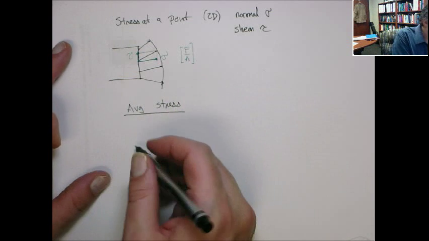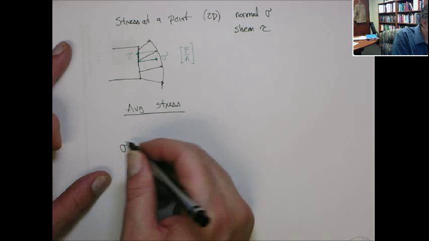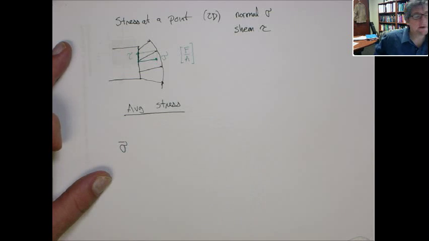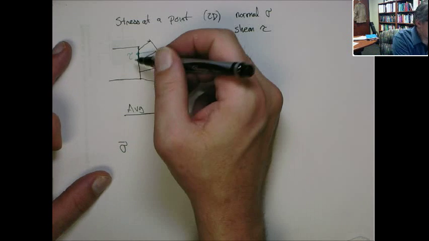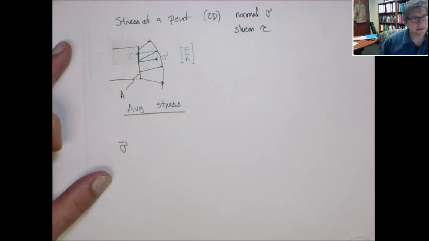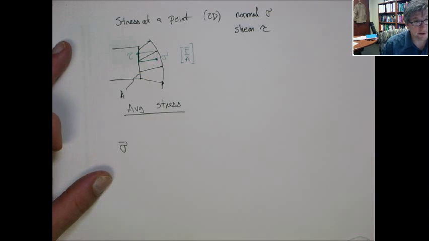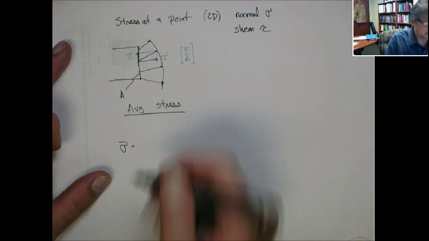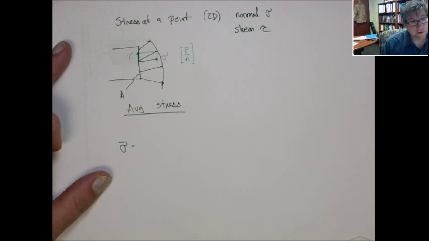All right, so let's look at the notion of average normal stress. I'm going to put a little wiggle on it. If you think about it on this surface A, the average normal stress on that surface is the sum of the stresses over that surface divided by the surface area.